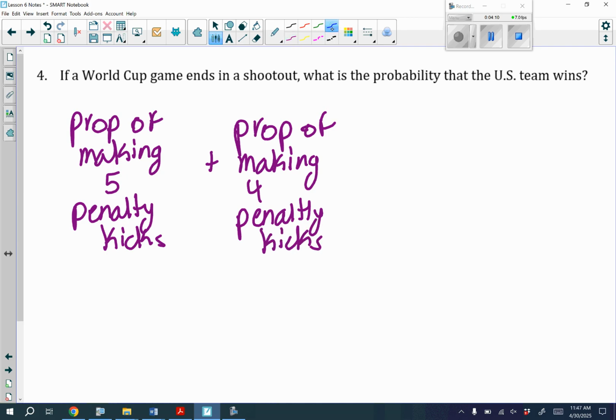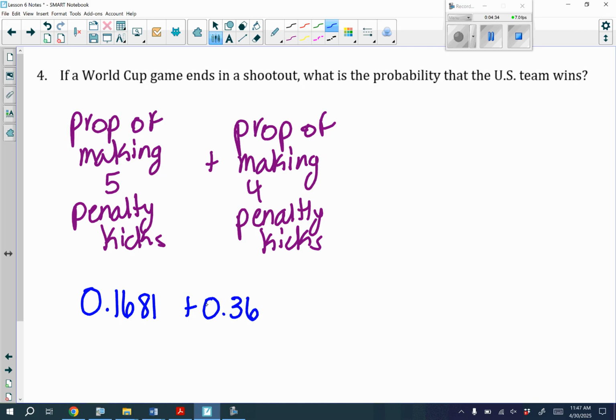So we already found the probability of making 5 penalty kicks. That was example 1. So we said that probability is 0.1681. Then for number 2, A through E, that helped us figure out the probability of making 4 penalty kicks. On example 2E, we found the final answer to be 0.36.